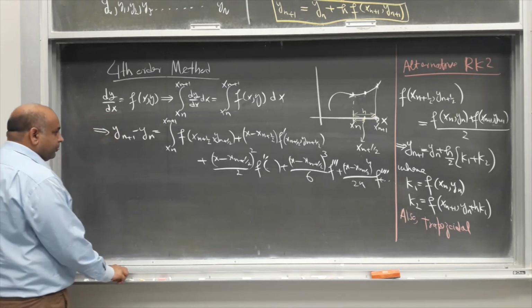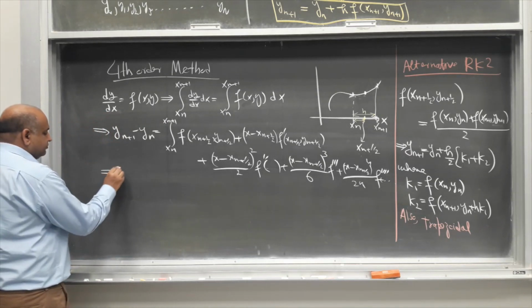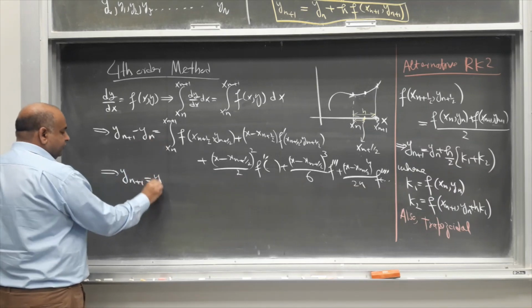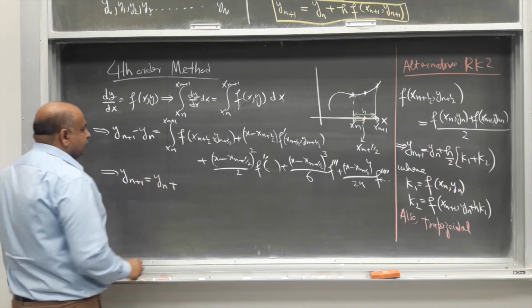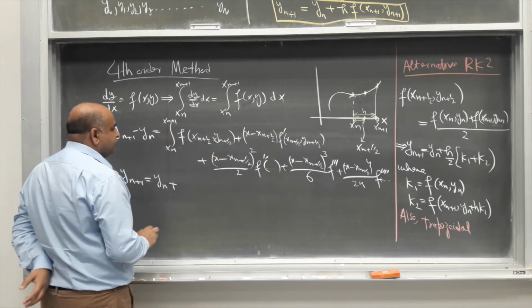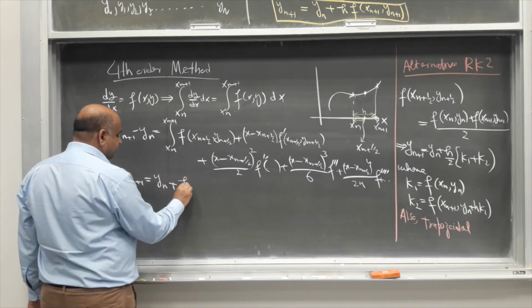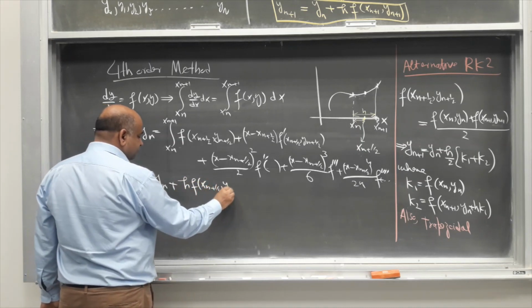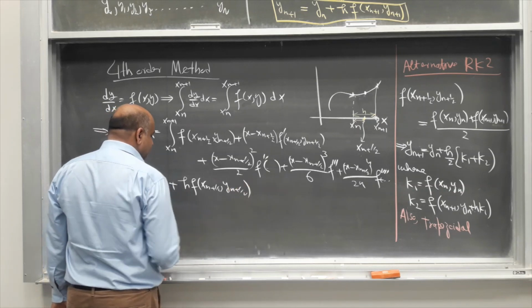Okay, so this gives us yn plus 1. We take yn to the other side. This is a constant function, so integration over length h is just h times f of xn plus half, yn plus half.